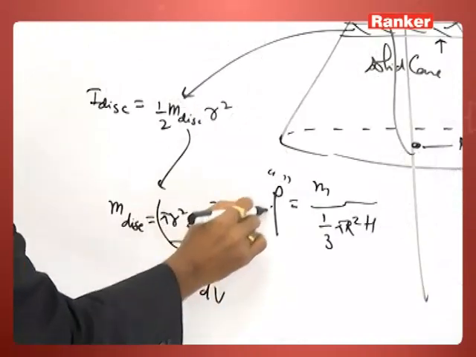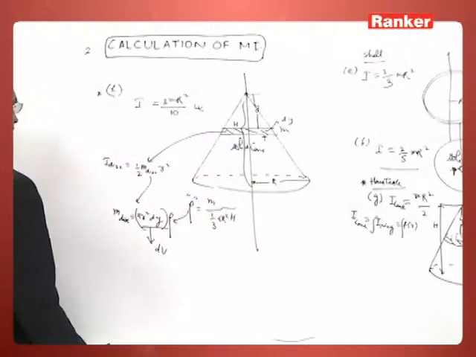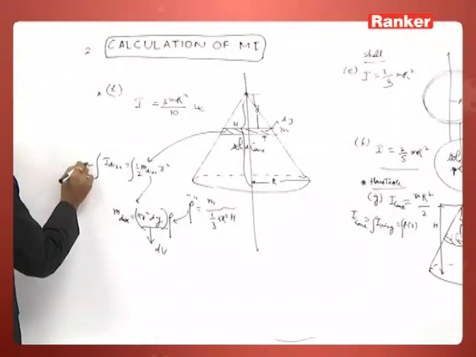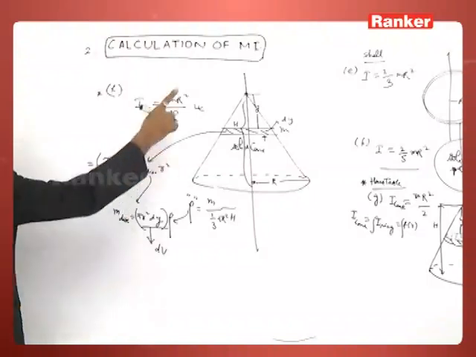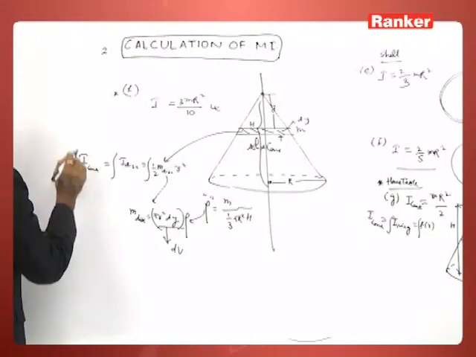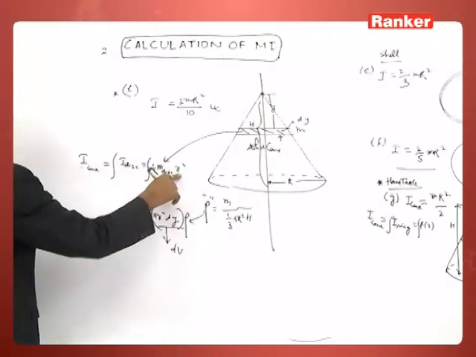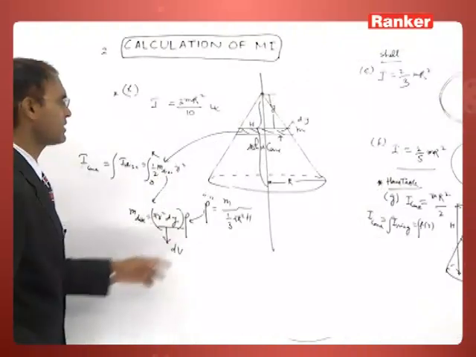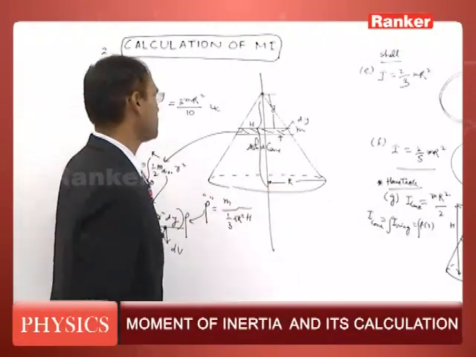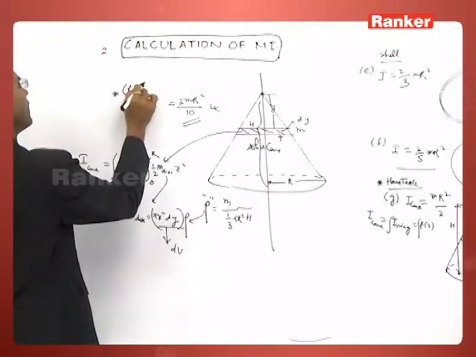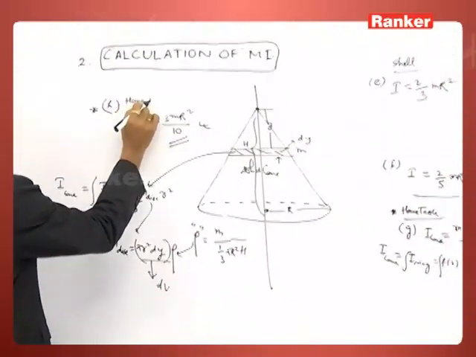If you integrate the moment of inertia of the disk, you get the moment of inertia of the solid cone. And this r ranges from 0 to the radius of the base of the cone. In this way you can get this expression. You can also take it as your home task and try it.